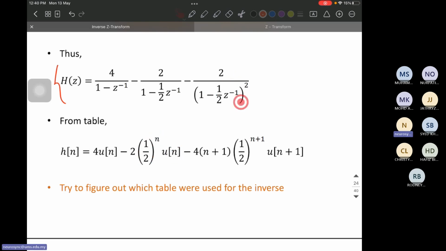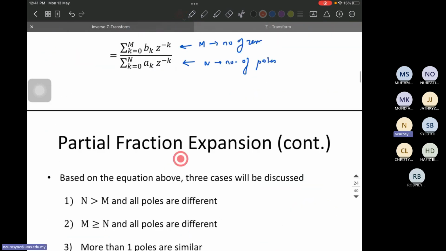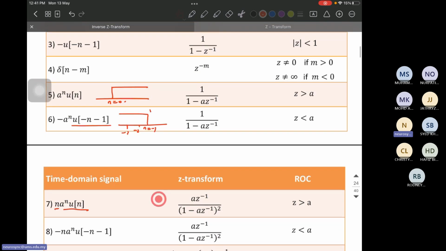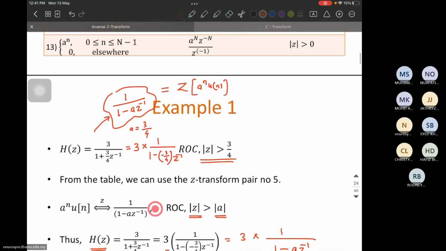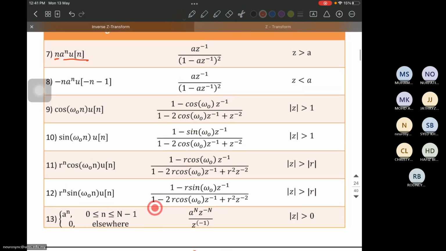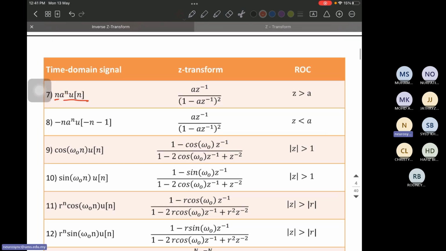And this is Z inverse of this formula. In the table we have seen n a to the power n u of n.